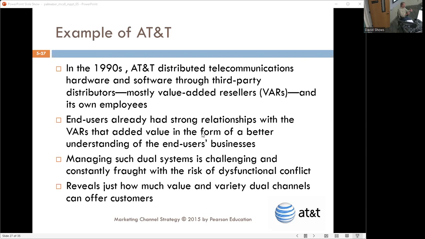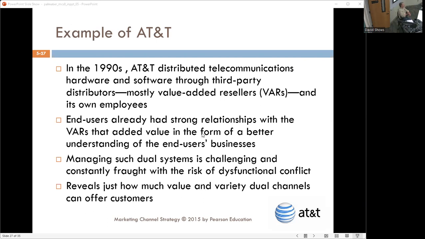They started buying AT&T systems. They started writing their own software because communication at that time was just very much the same, and started creating their own stuff. This is what became known as value-added resellers, VARs. They had their own employees. They could become authorized dealers.